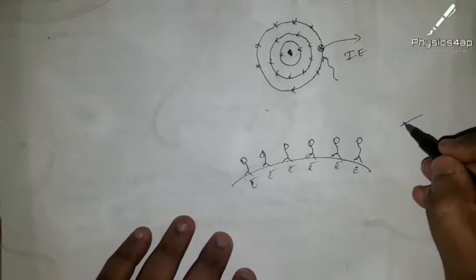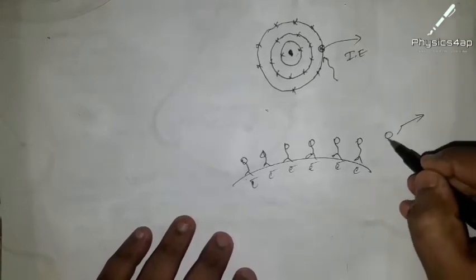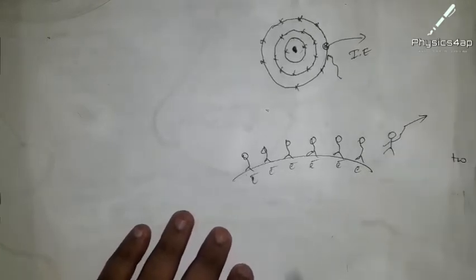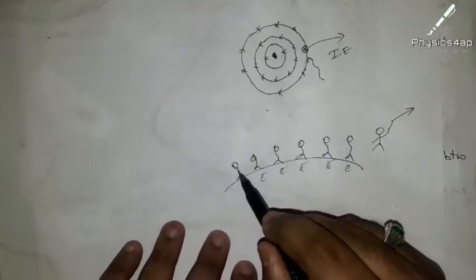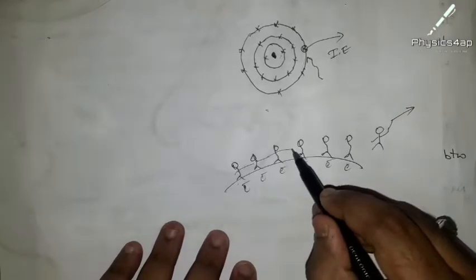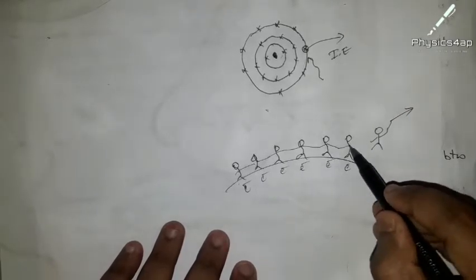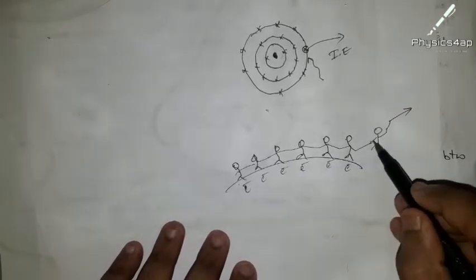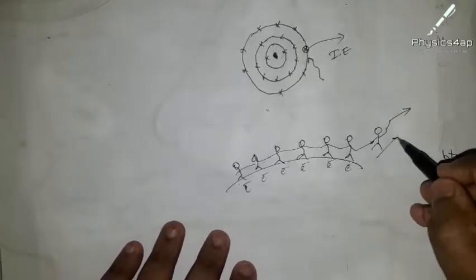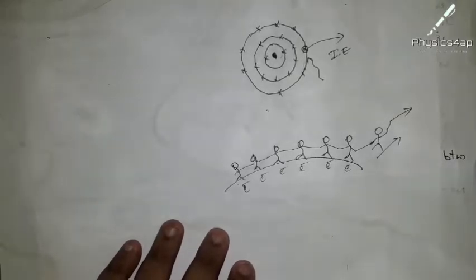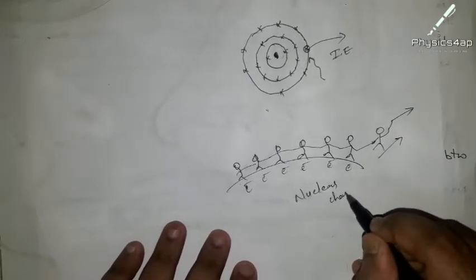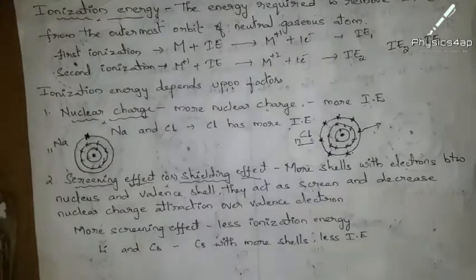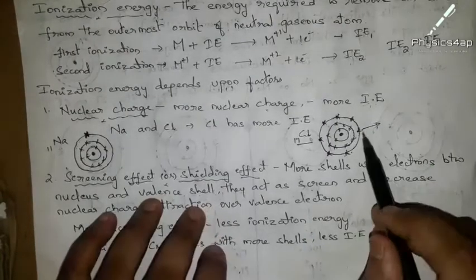As I remove 1 electron, the remaining 6 electrons combine together to hold that electron. That means it doesn't let the electron escape. That is what we call the nuclear charge, and in our language we call it unity as strength. So to remove an electron we need more ionization energy. That is, more nuclear charge, more ionization energy.